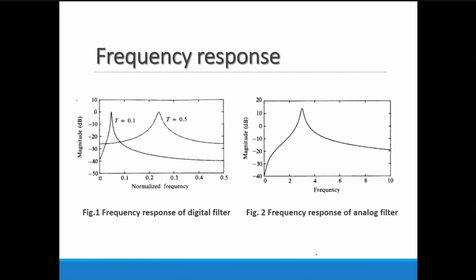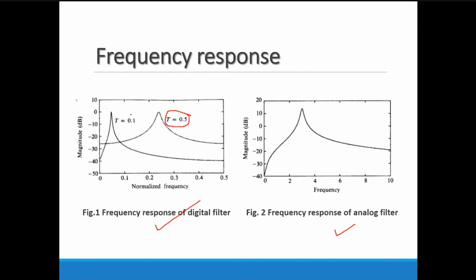So these are the graphs. The first graph is for the digital filter, the second graph for the analog filter. As you see, in the analog filter we get this type of response. Similarly, when we go for the digital filter, your graph is based on this value of t.